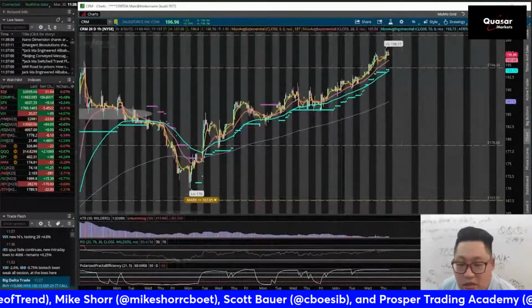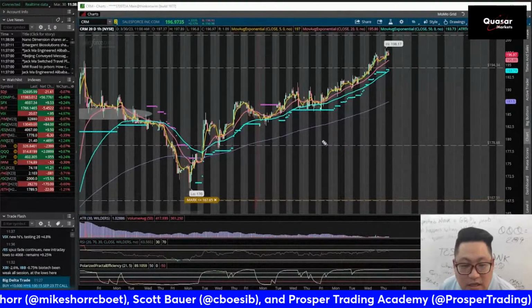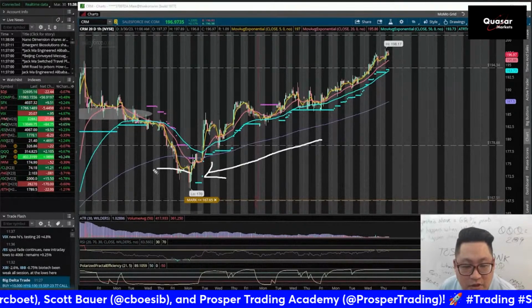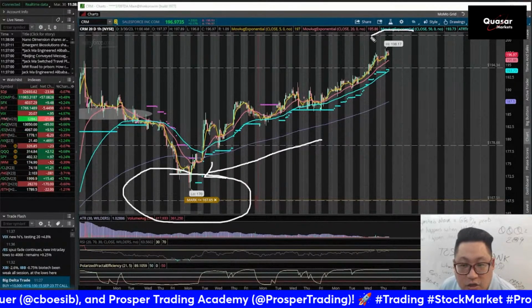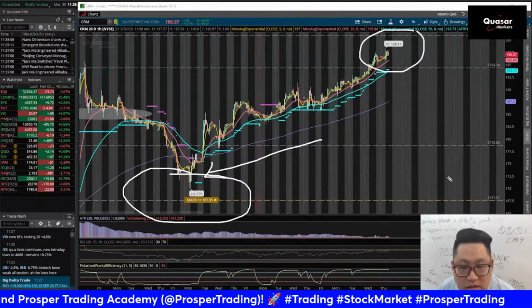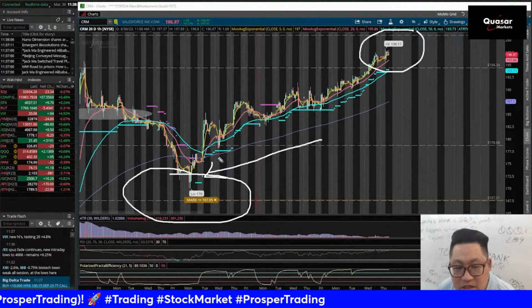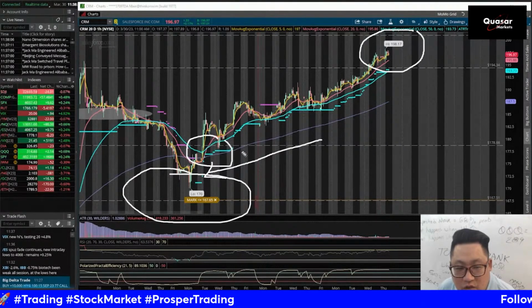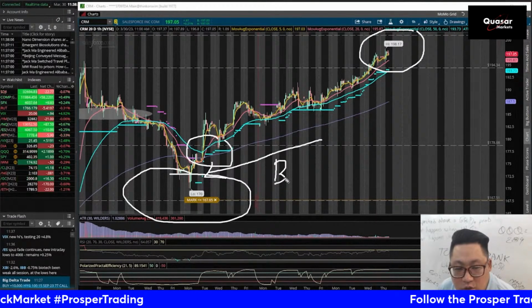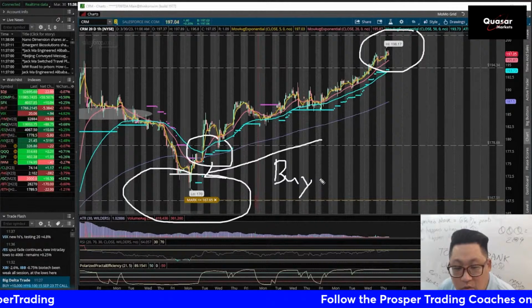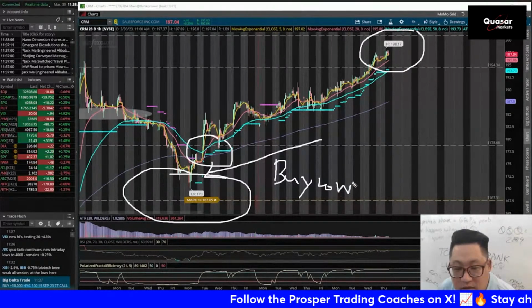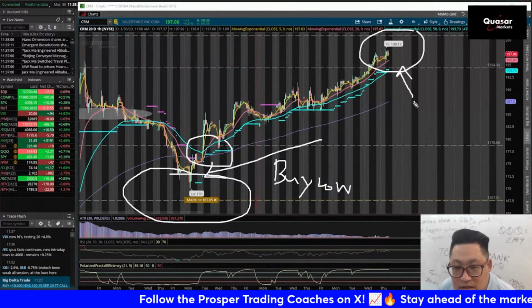If you notice, this was closer to the bottom of the chart, and now we are trading towards the higher portion of the chart. So this is a situation where we get these crossovers where we are looking to buy low and sell high.